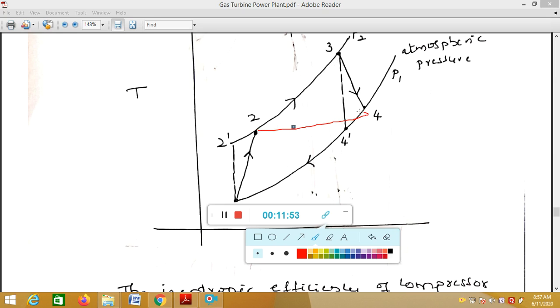That is, the temperature at the end of the compressor should be equal to the temperature at the end of the expansion process. So T2 equal to T4 is the condition for maximum specific work output.